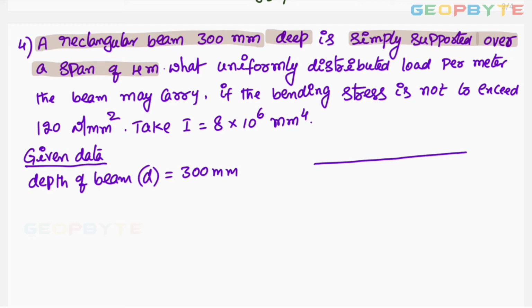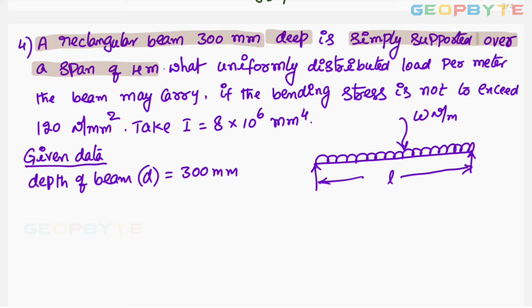Simply supported beam over a span of L, it is subjected to UDL over its entire length. The magnitude of load may be W, which may be in Newton per meter.